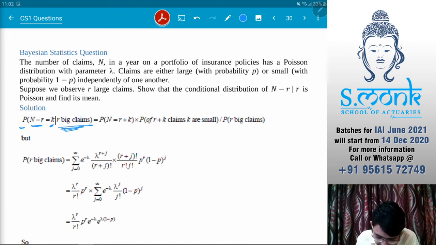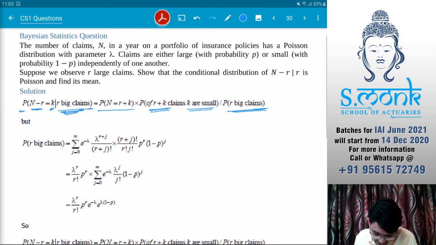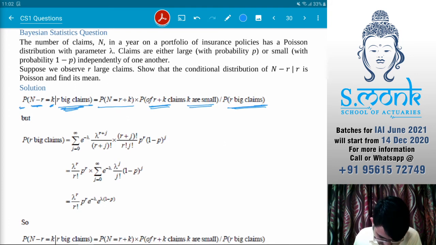So here they are saying the probability that the total value of n is equal to r plus k, where of those total claims r plus k, we have k small claims, given that we have r big claims. So first we have to figure out the probability of r big claims. We'll be adding up all values of our Poisson distribution.